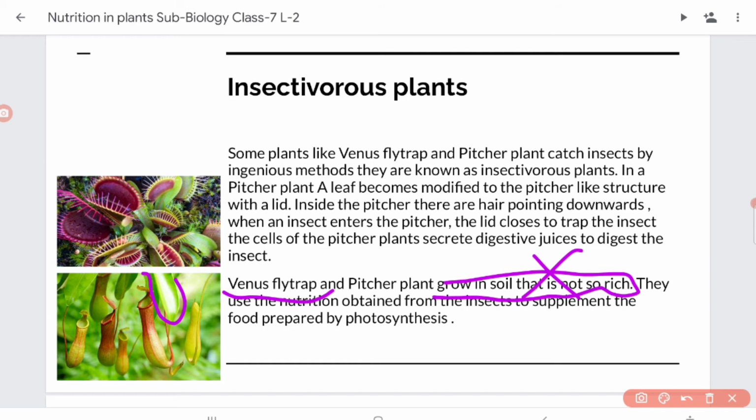They use the nutrients obtained from these insects to supplement the food prepared by photosynthesis.